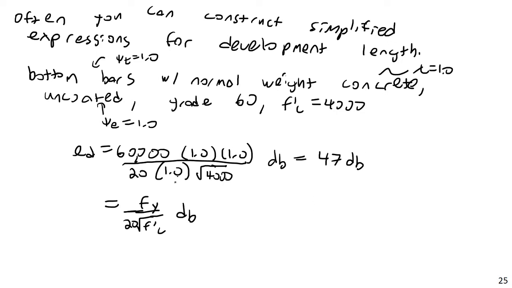So if you were doing a whole bunch of beams that had regular cover requirements, just normal concrete, normal steel, no epoxy, anything like that, you could collapse this to a much more simplified equation. And that's even before we start worrying about the general equation, which is even more complex, of course. But that's the basic idea of development length for tension reinforcement.